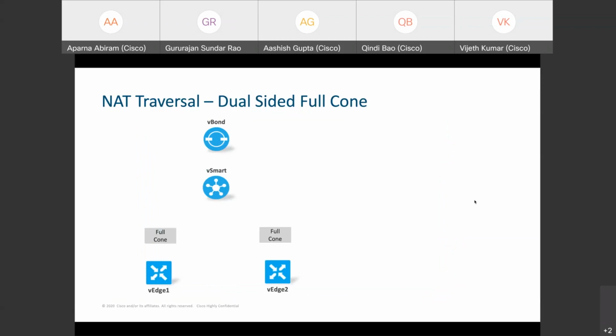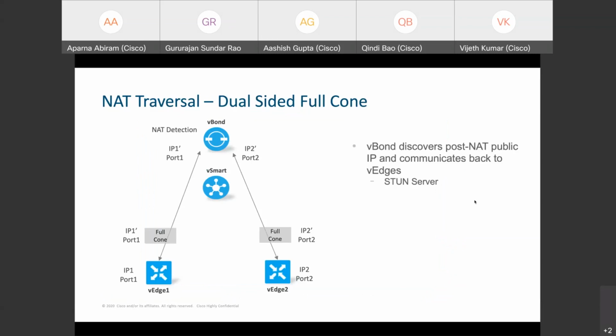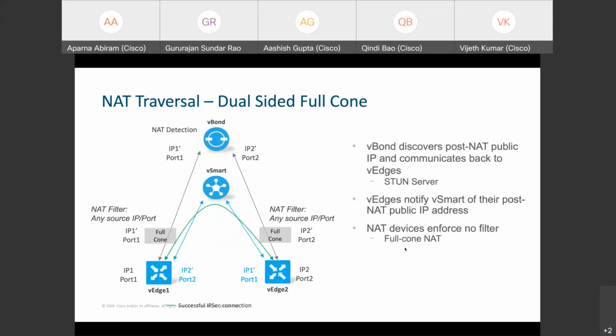Okay, so this is one of the examples, a dual-sided full cone. So vEdge1 and vEdge2, both of these devices are behind full cone. Once vEdge1 and vEdge2 form the control connections with vBond, vBond discovers the post-NAT public IP and the port, and it sends this public IP and the port details back to the vEdges. So here vBond acts as a STUN server and provides your public IP and the port information back to vEdge1. Then vEdge1 forms the control connection with vSmart.